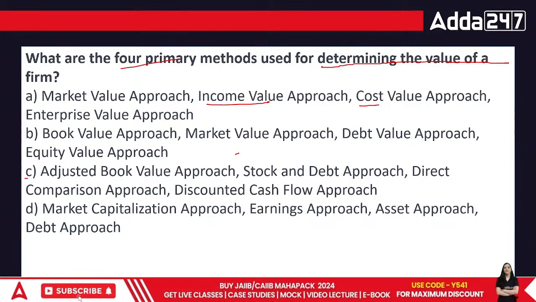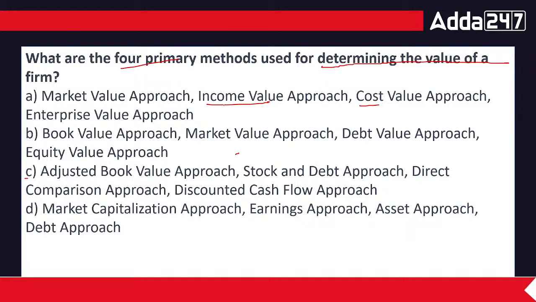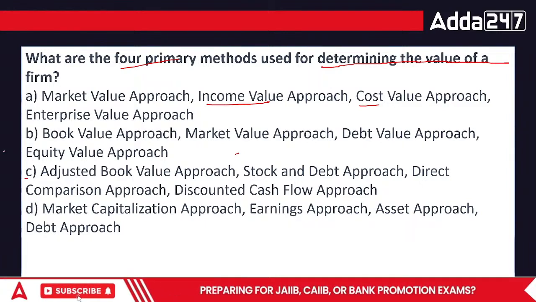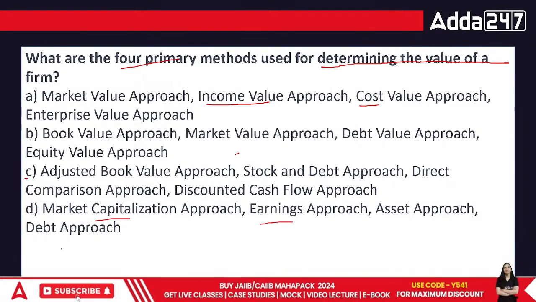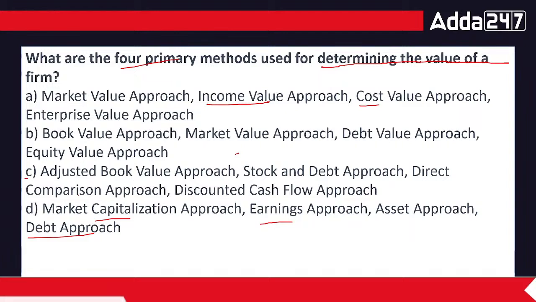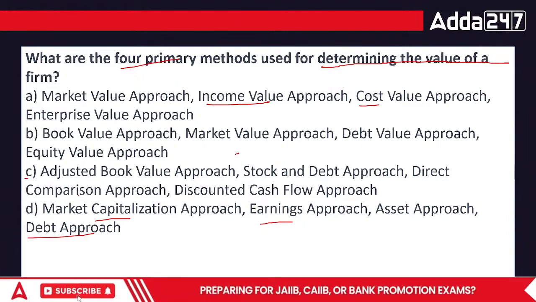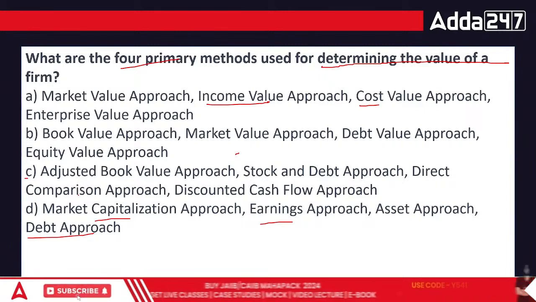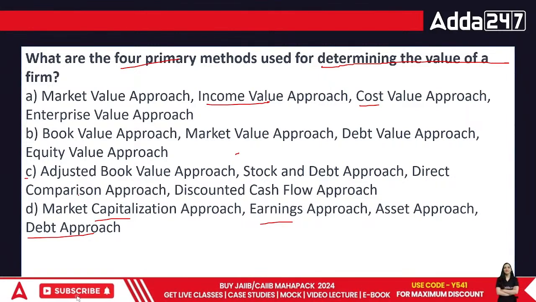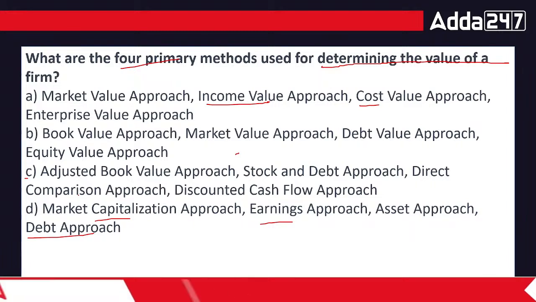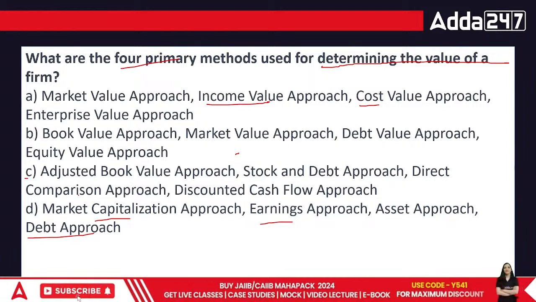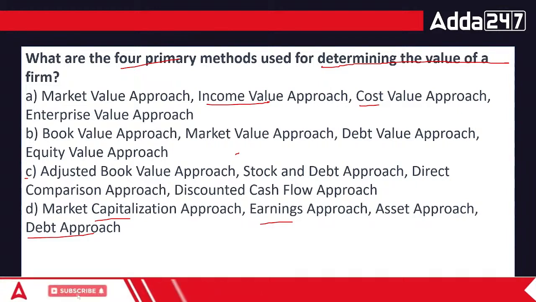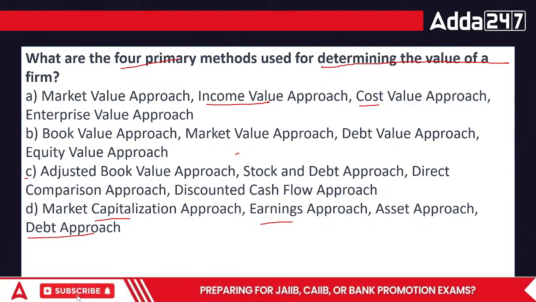And then we have adjusted book value, stock and debt, then direct comparison, discounted cash flow, market capitalization, earnings approach, asset approach, debt approach. What's going to be the answer, everyone? The four primary methods used in determining the value.